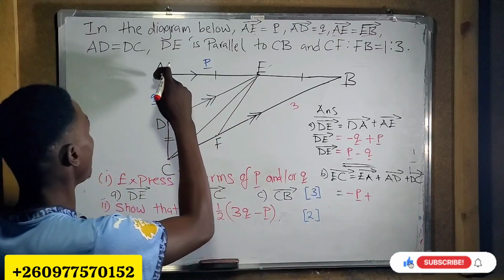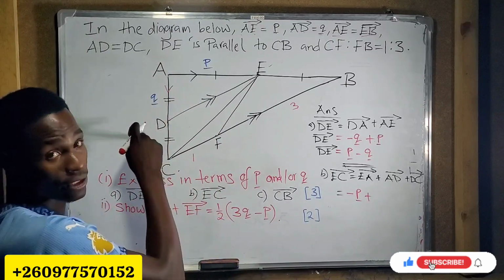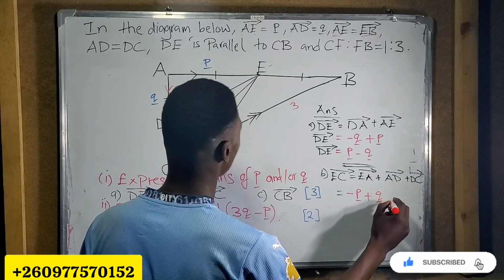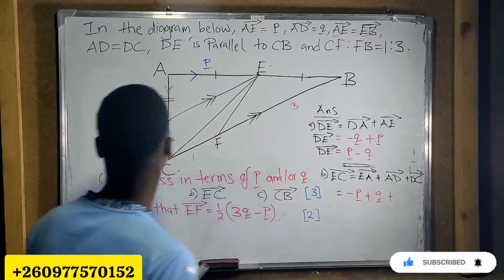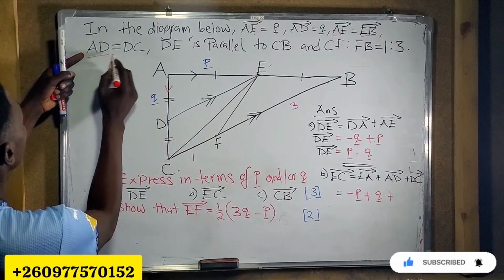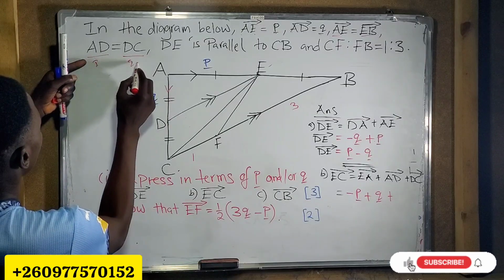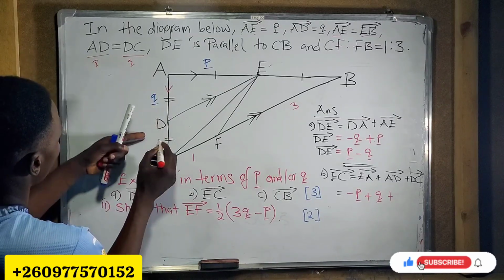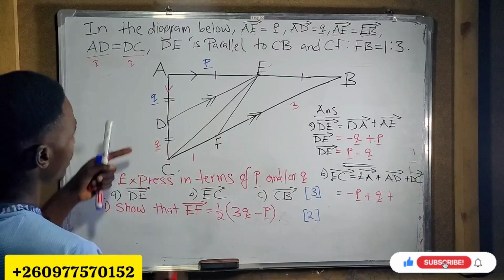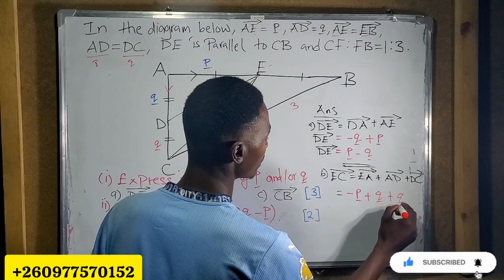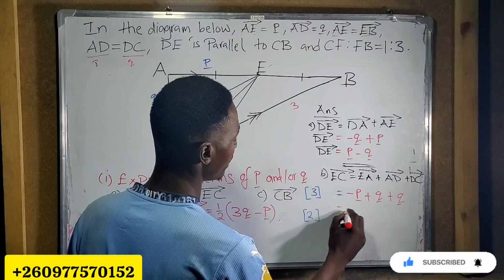Plus AD. AD is in the direction of the vector, so it will be Q. Plus, we are told here that AD is equal to DC. So if AD is Q, even here is Q. So it's Q plus Q. We can just simplify there.